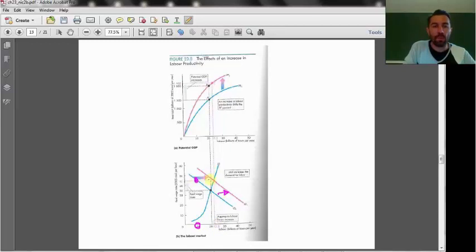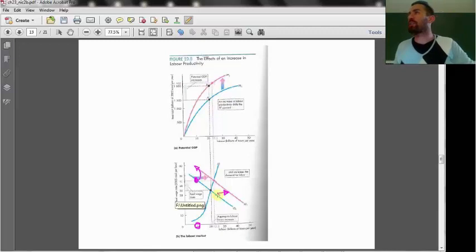firms will be prepared to pay a higher wage. Why are they prepared to pay a higher wage? Because they produce more. As laborers get more productive, they produce more, so firms are prepared to pay higher wages for any given quantity of labor.